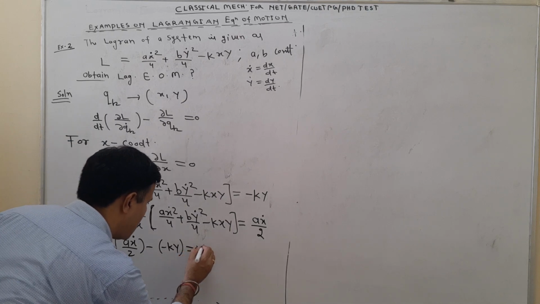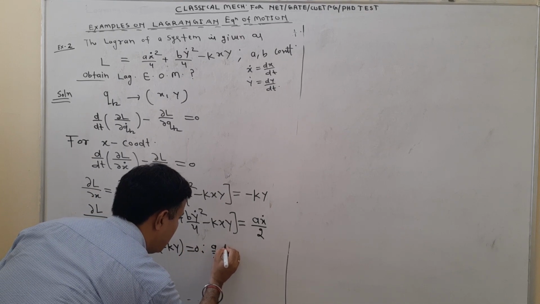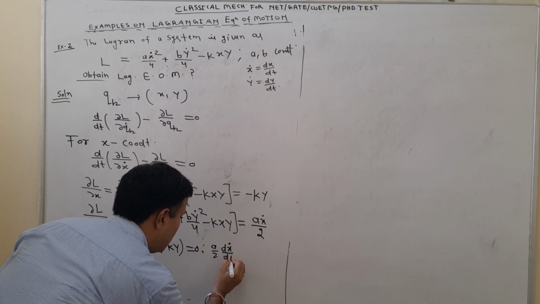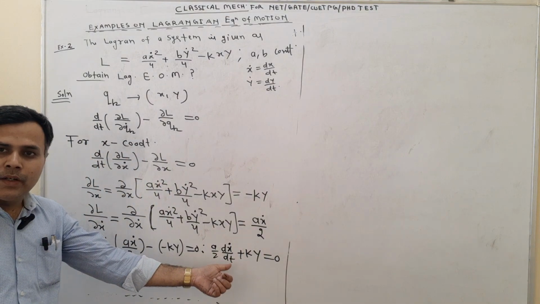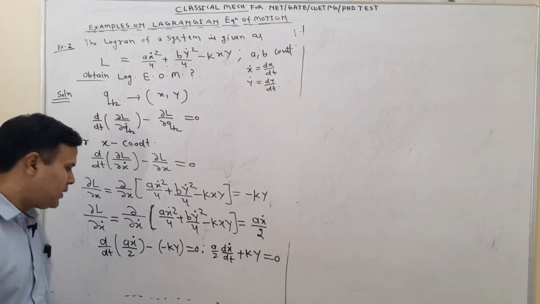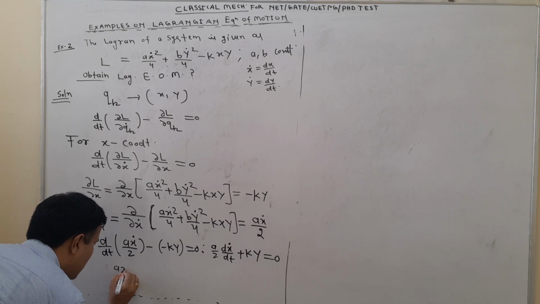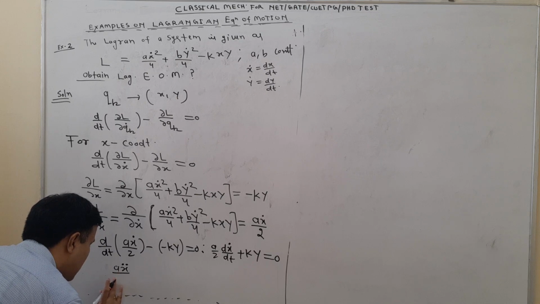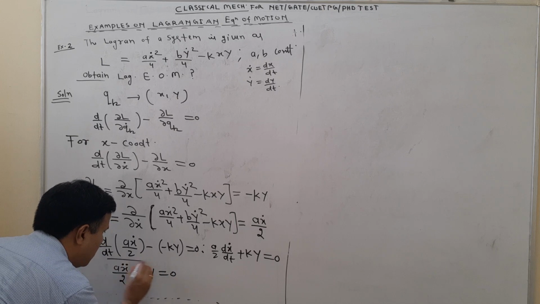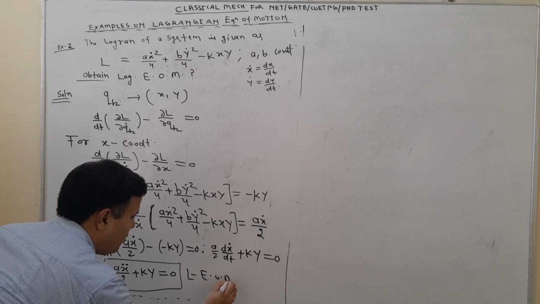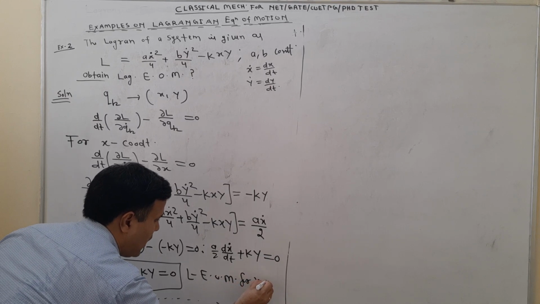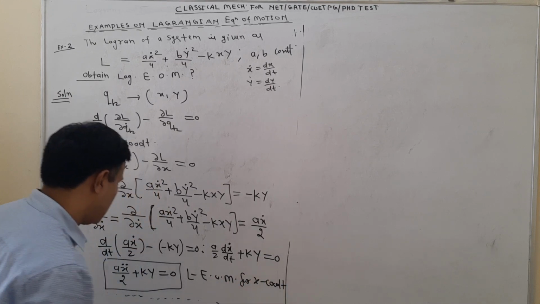Let me write one more step: a by 2 times d x dot by dt plus ky equal to 0. This is the differential equation. So d x dot by dt is x double dot, and we have a x double dot by 2 plus k y equal to 0. This is the Lagrangian equation of motion for the x generalized coordinate.